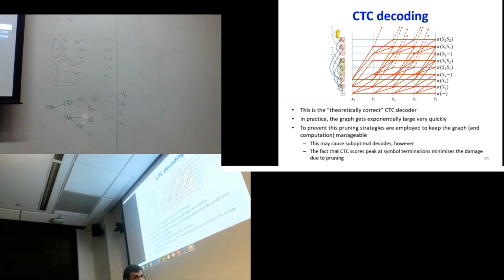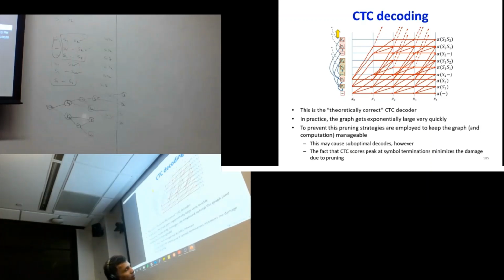And then only continue to extend the graph from the nodes that remain. So if you do this, the final decode is not necessarily going to be the most likely one, because we are introducing this heuristic of pruning, which is likely to lose some important paths, but it makes the whole thing computationally feasible.